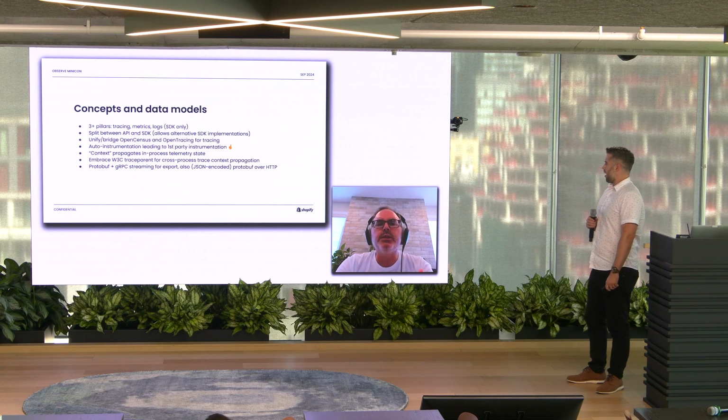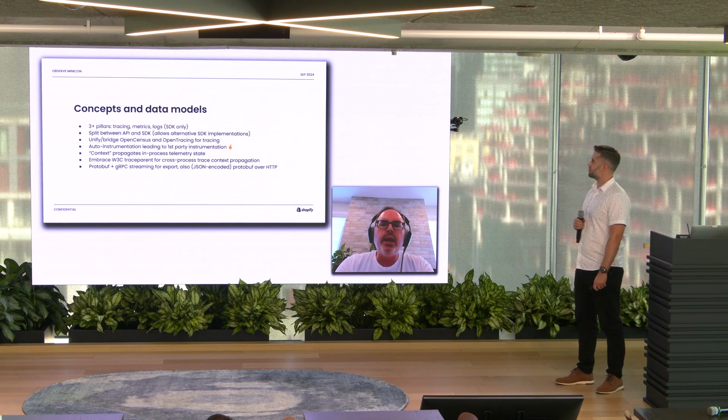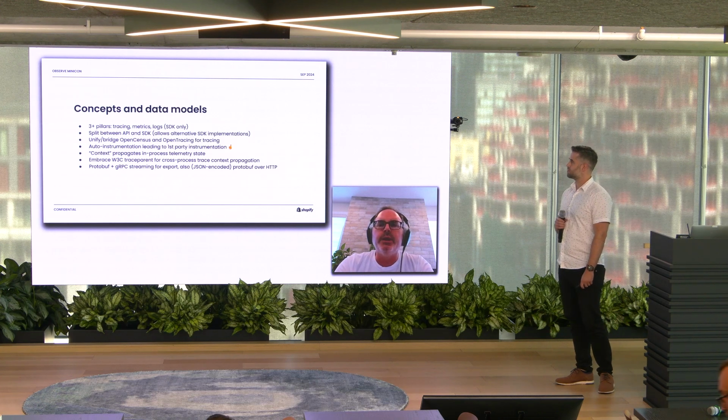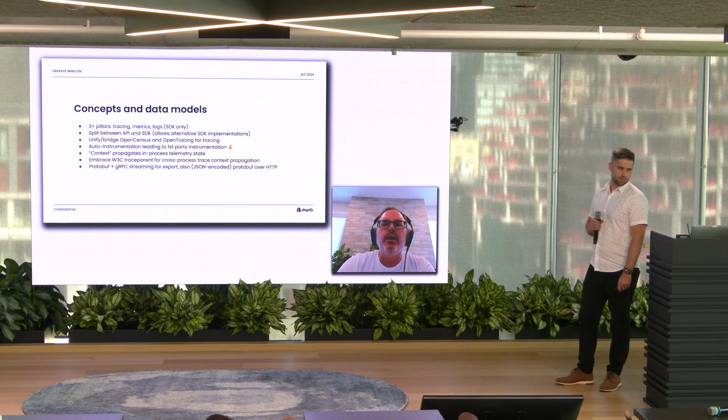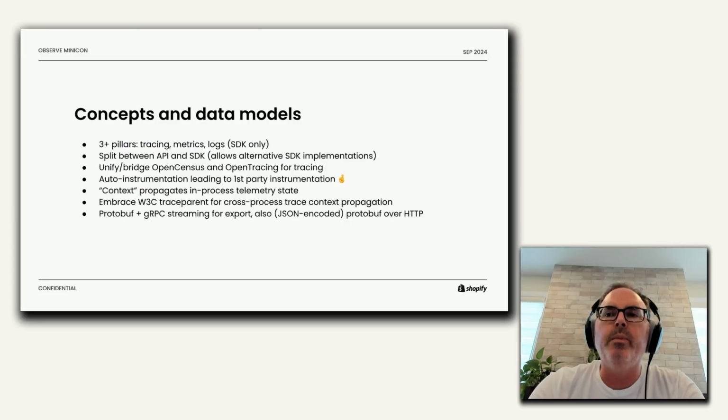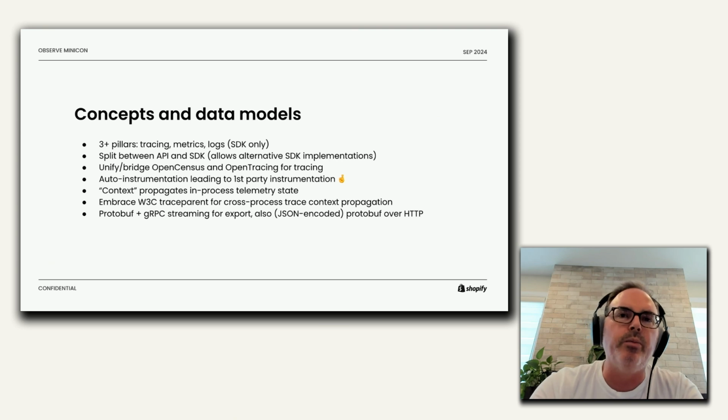There's an explicit separation between the API and the SDK for each language to allow alternative SDK implementations. And the project was created with the express purpose of unifying OpenCensus and OpenTracing, where OpenCensus addressed both metrics and tracing. And a lot of the early focus aimed to ensure that there were bridges or shims that could be built for the existing implementations of both of those earlier efforts.